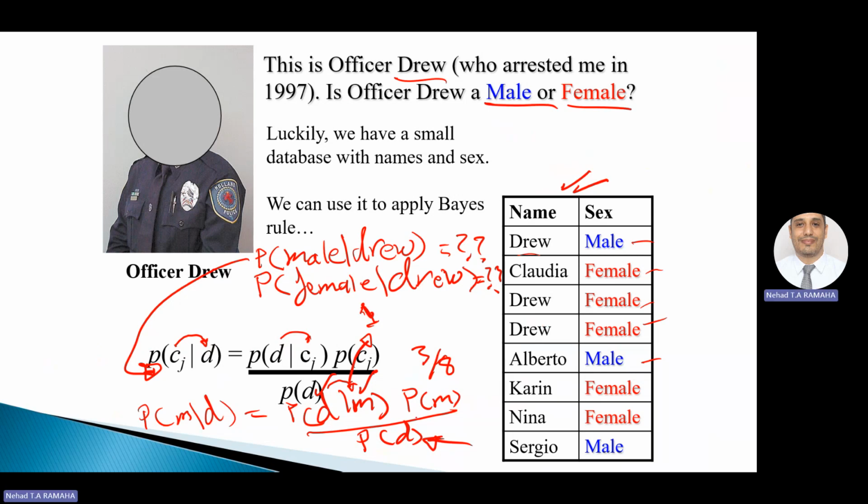We speak about the D true. So from the males, we have 1 divided by the total number, which is 3. So 1 divided by 3 multiplied by 3 divided by 8.